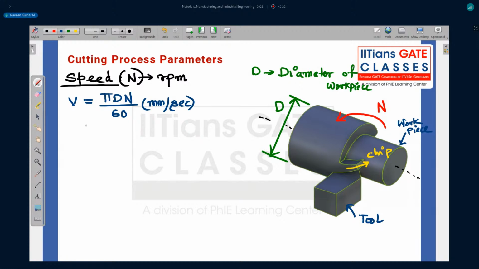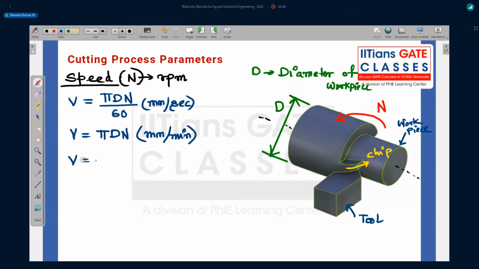And now here it can be pi dn also. When can it be pi dn? When diameter is in mm and you're not dividing it by 60. As you're not dividing by 60, it will come as mm per minute. Let's assume that diameter is in meters.